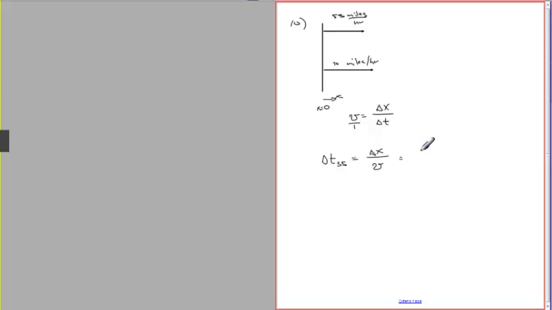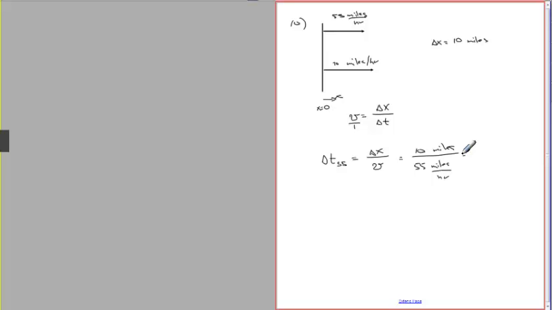And the distance is 10 miles. So let's write that down. So delta x is 10 miles divided by velocity, which is 55 miles per hour. And so the miles cancel out, and you end up with units of just hours.